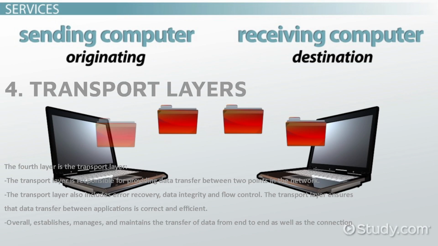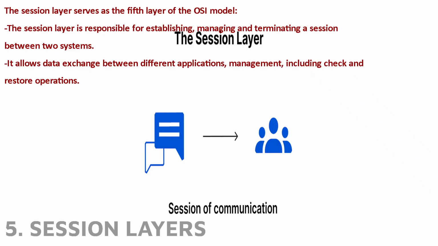Overall, it establishes, manages, and maintains the transfer of data from end to end as well as the connection. Basically, it transmits the data from a source to a destination and makes sure it's correct.